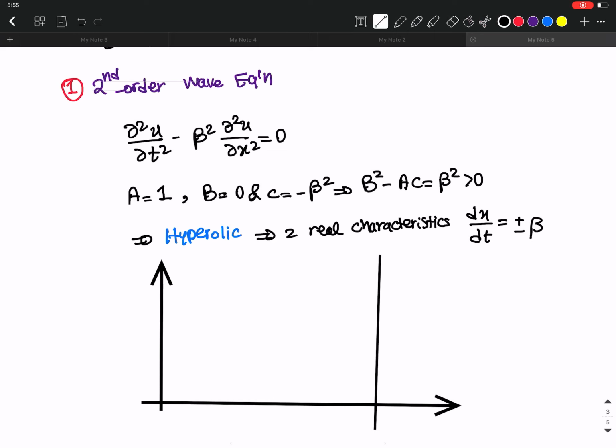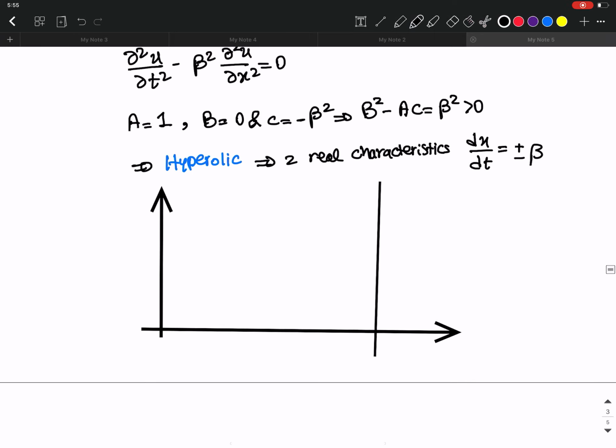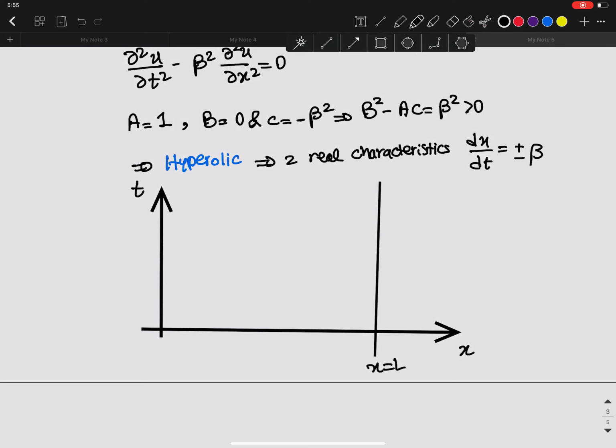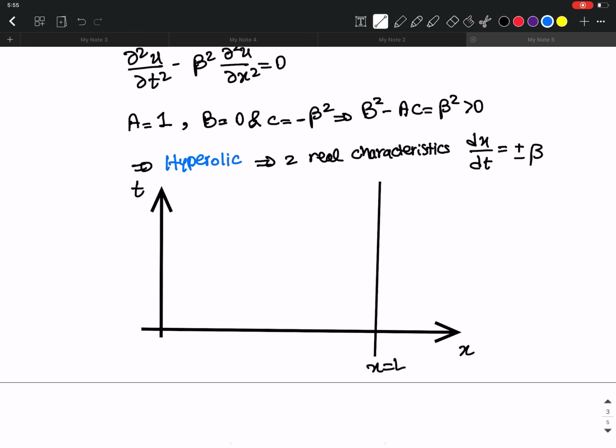So we have x here, and then here we have t, and here we are at x equals to L. Let me draw some of the characteristic lines.